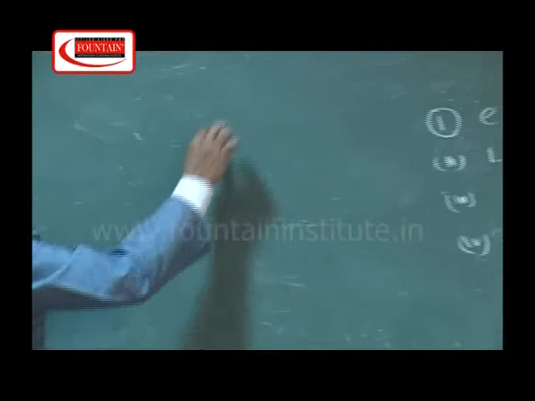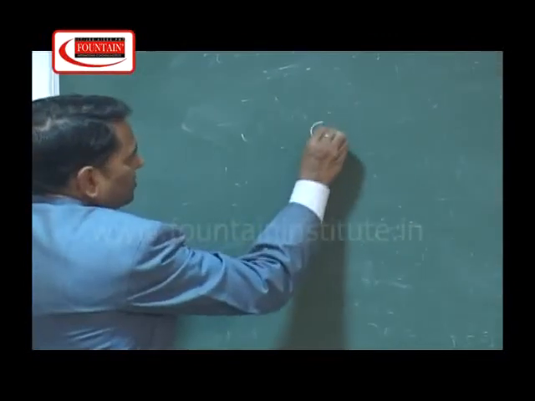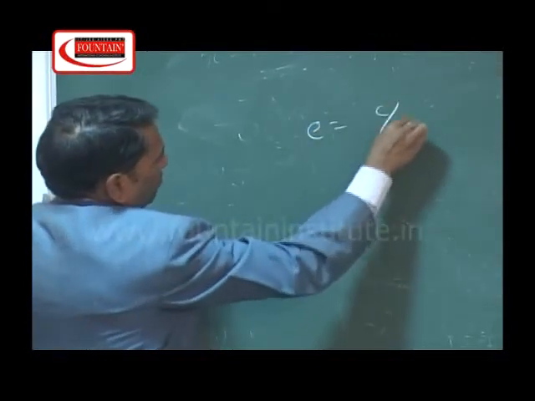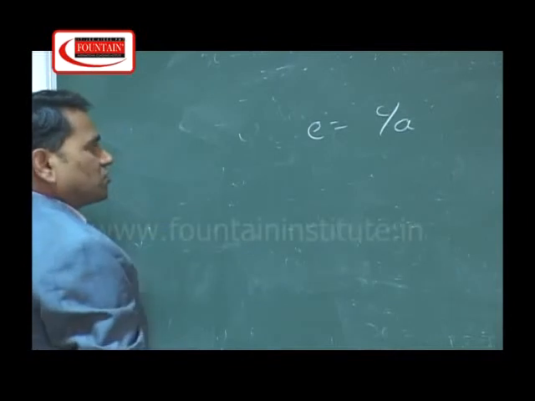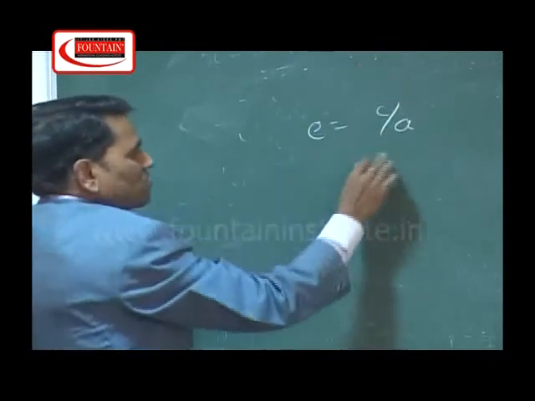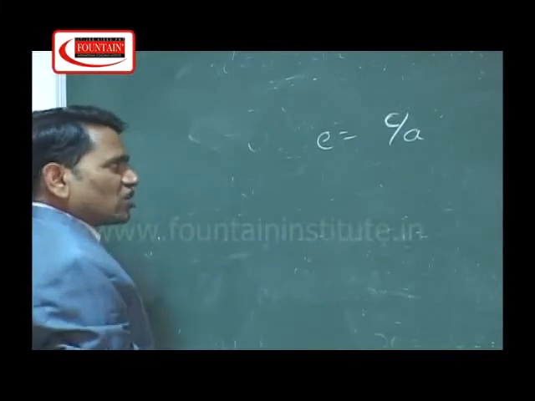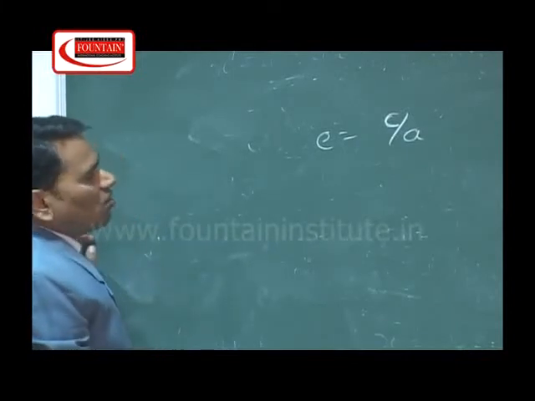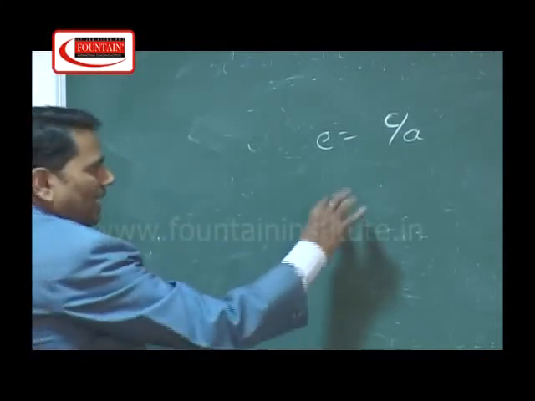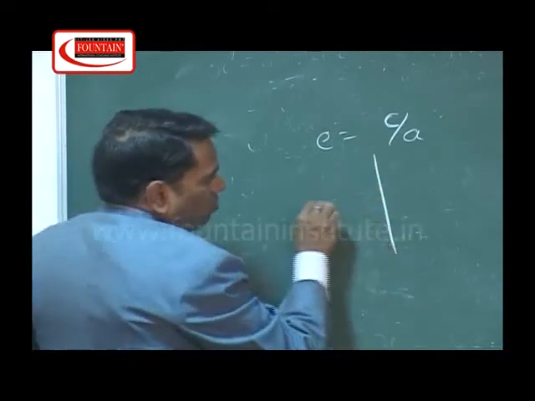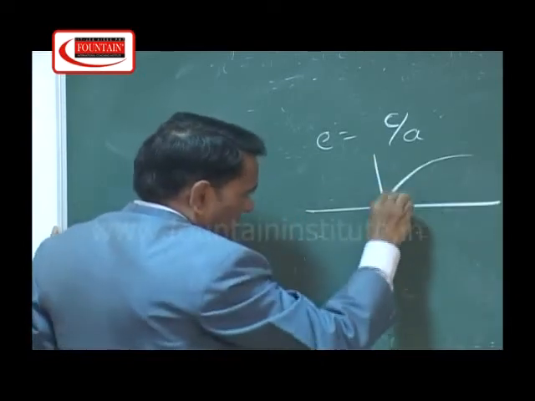See guys, eccentricity is c upon a. Here c means the distance of the focus and a means the focal length. In a parabola both coincide at the same point.